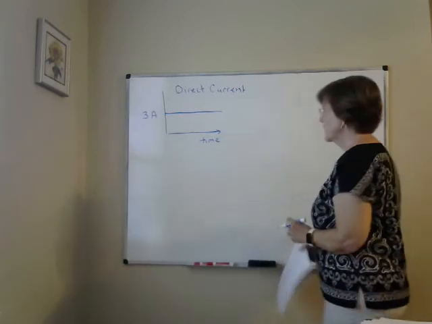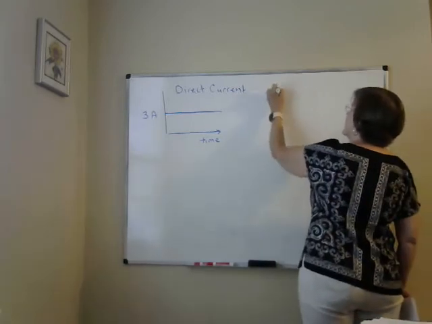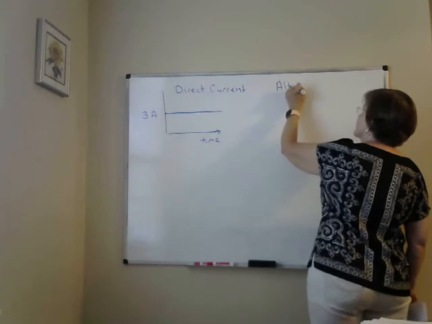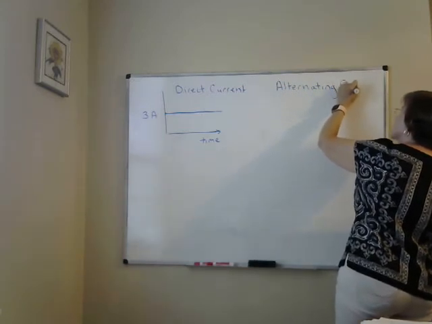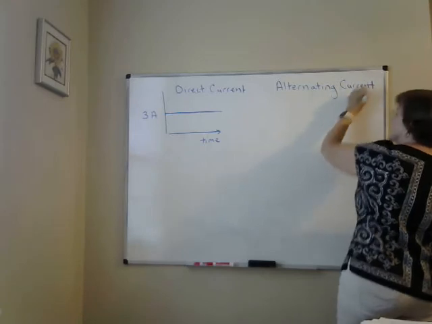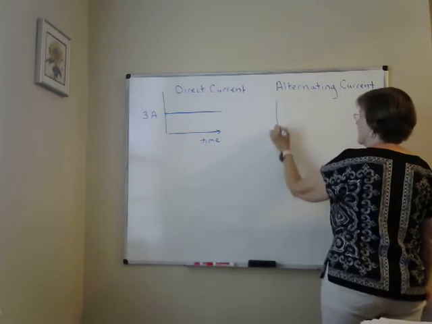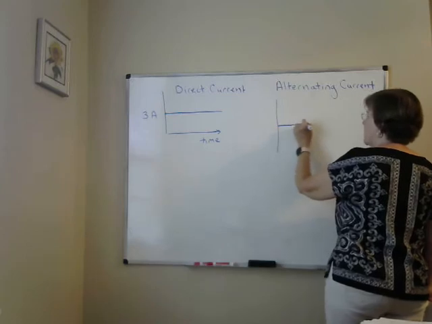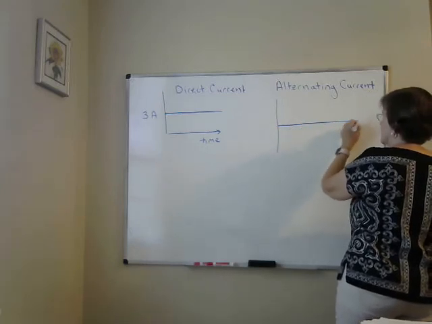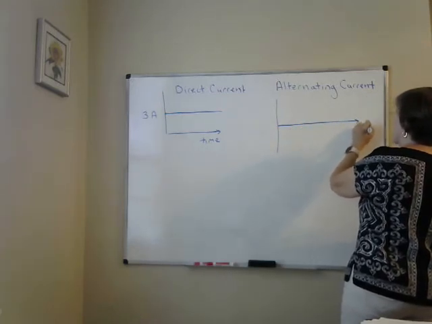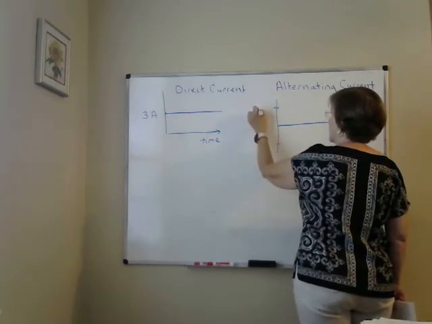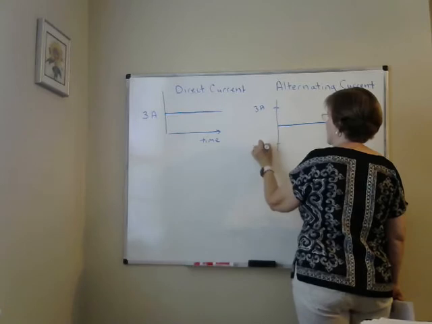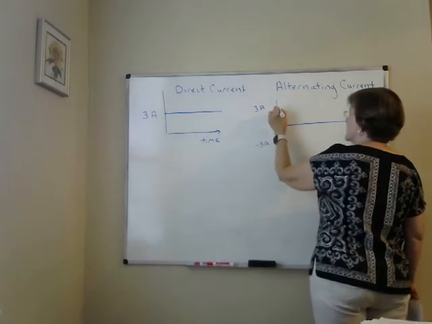So what does alternating current look like? If you have 3 amps of alternating current, it really does this.